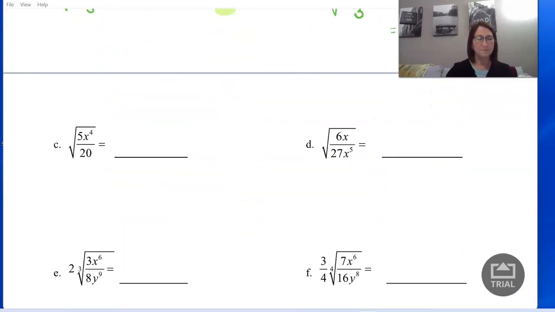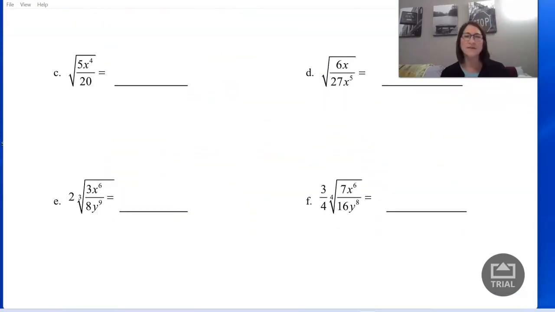All right. Let's go the other way, where I've got everything underneath the radical, but it's going to be helpful to us to pull it apart, separate it. So let's go ahead and separate this first one into the square root of 5x to the 4th over the square root of 20.